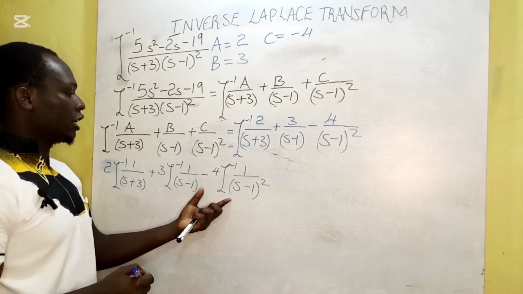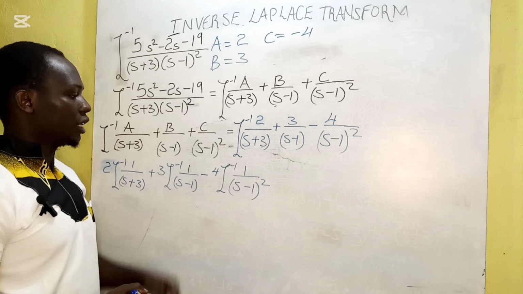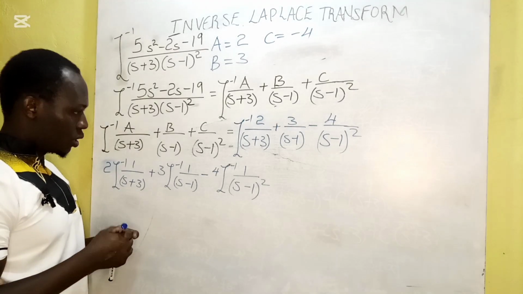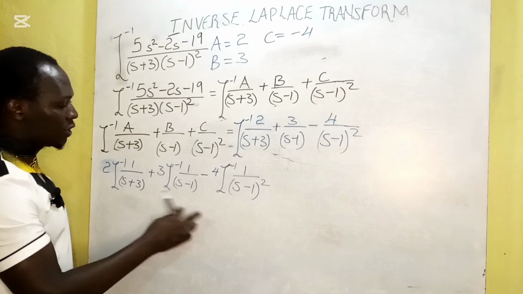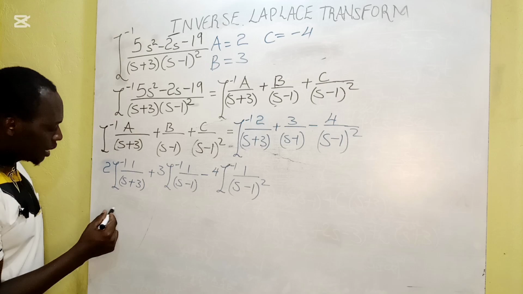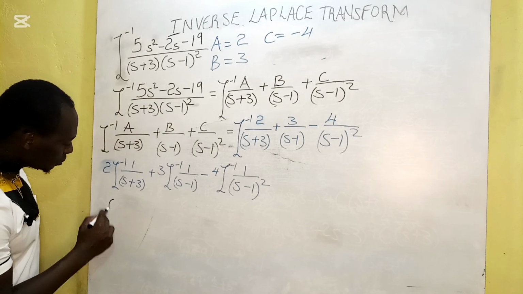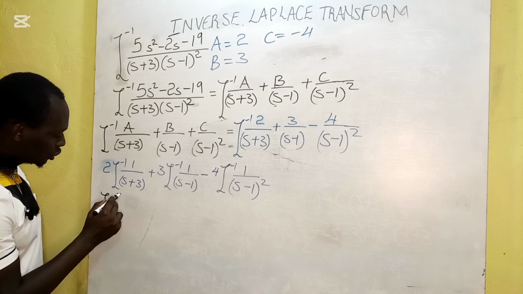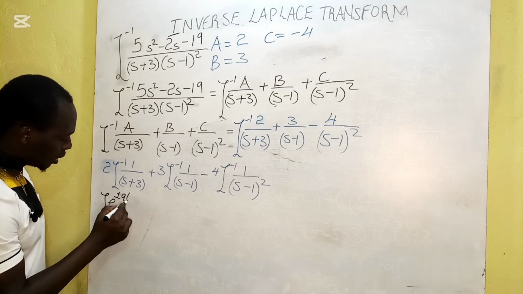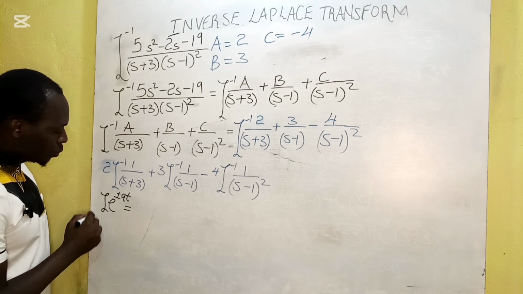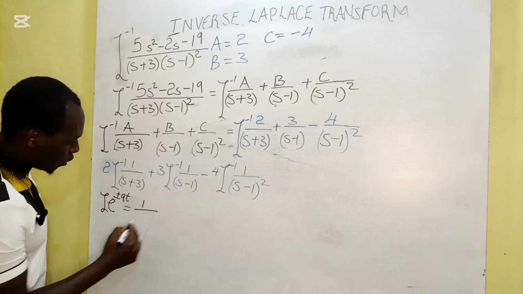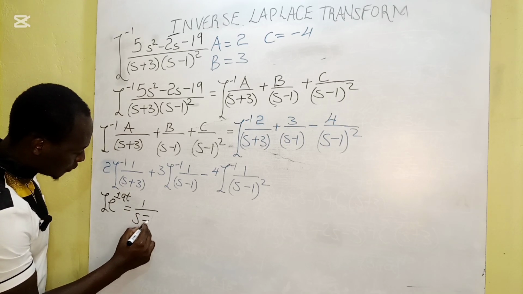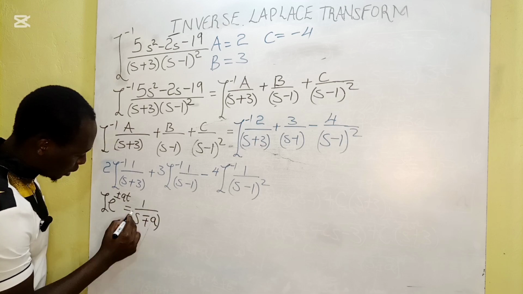After distributing the inverse Laplace transform to each and every term, using the first principle, we agreed that the Laplace transform of exponential positive or negative at is equal to 1 over s negative or positive a.